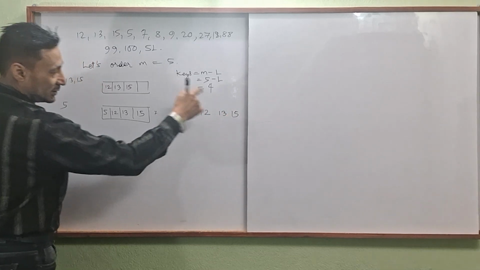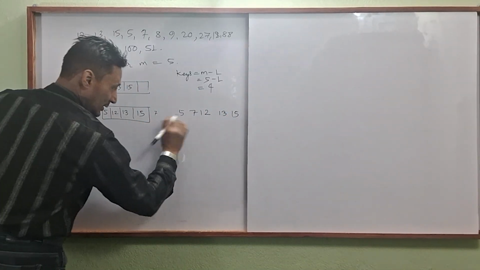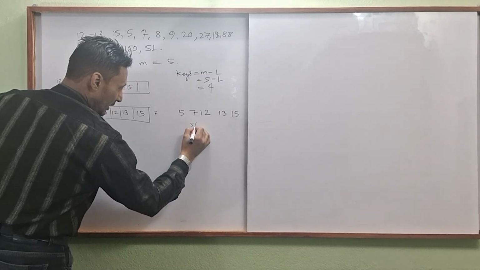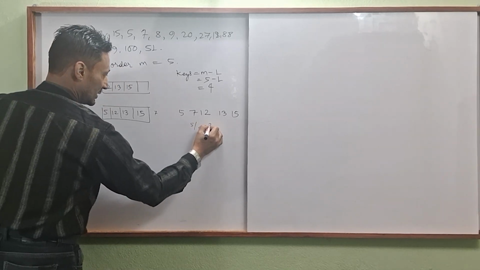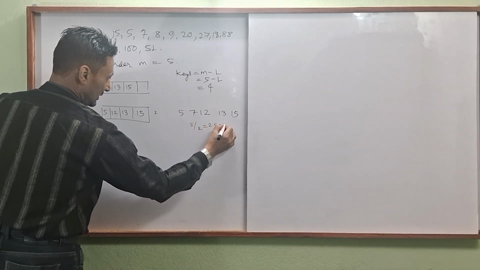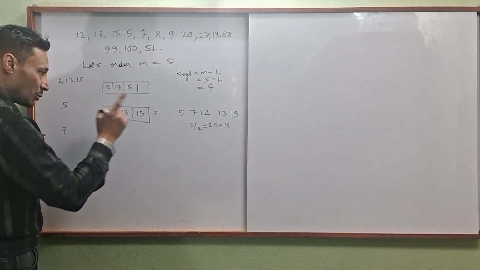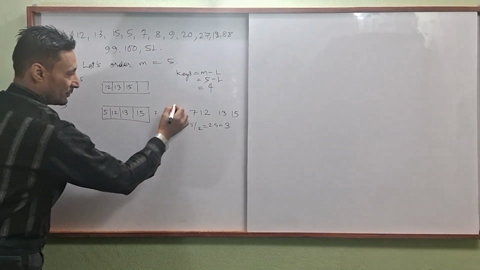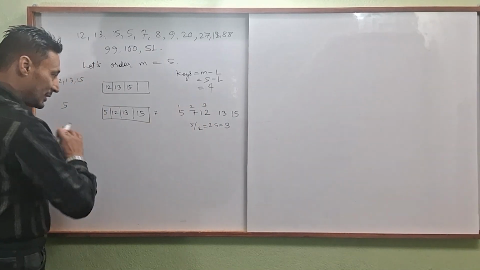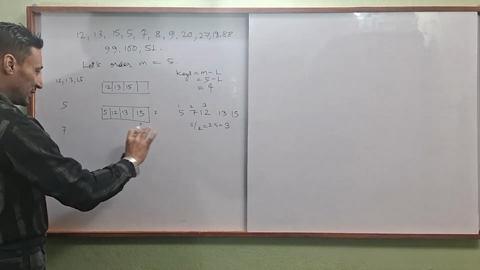Then we'll take the middle value of this data. In this list of data there are 5 elements, 5 divided by 2 gives 2.5, and we'll take the ceiling, which gives 3. So we'll take the third value: first, second, third. Then we'll take the third value and split this node.